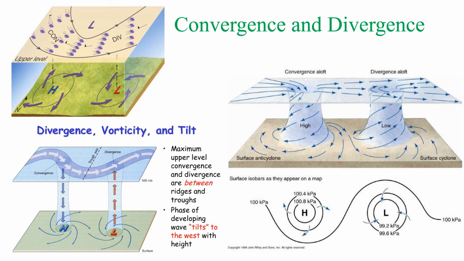Divergence and convergence are very important to understanding the mid-latitude cyclone, and we know that the upper level and surface level wind circulation has to be opposite to sustain a divergent or convergent flow or any kind of cyclonic movement that we know of.